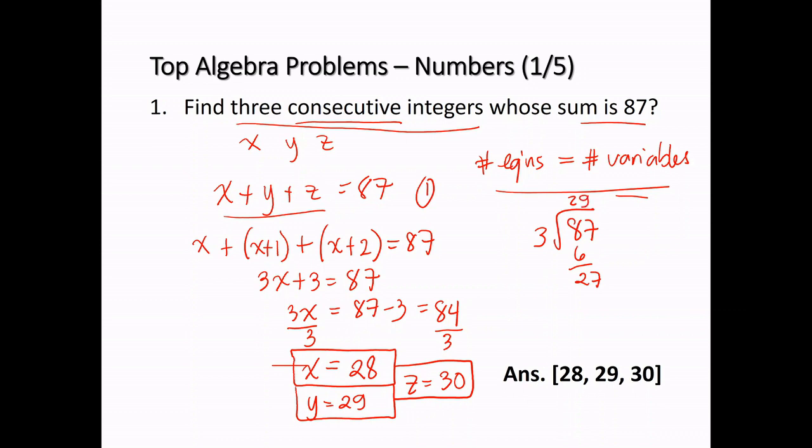Now it means that there are 29 plus 29 plus 29, which gives 87. If you subtract 1 here and add 1 there, these three values are consecutive. So we have 29 minus 1 is 28, and then you have 30.